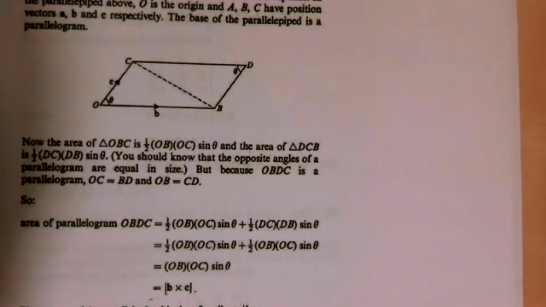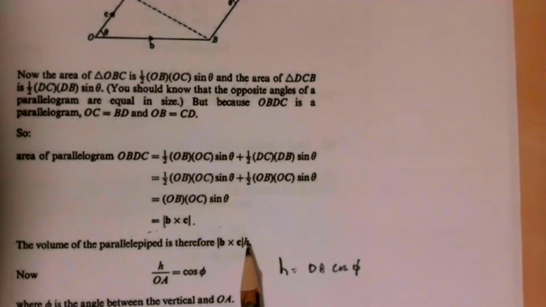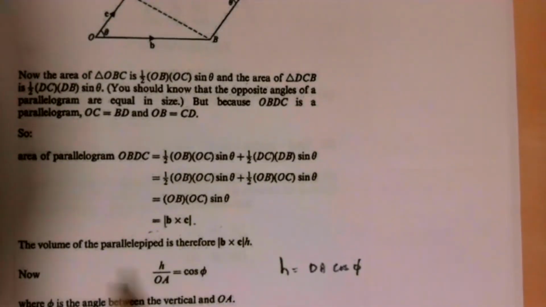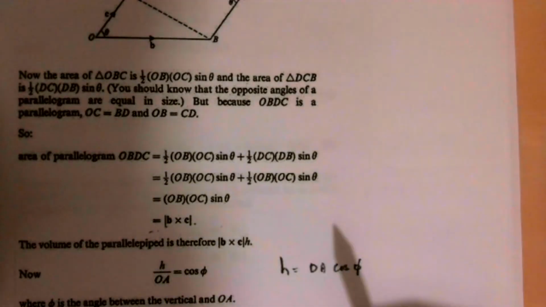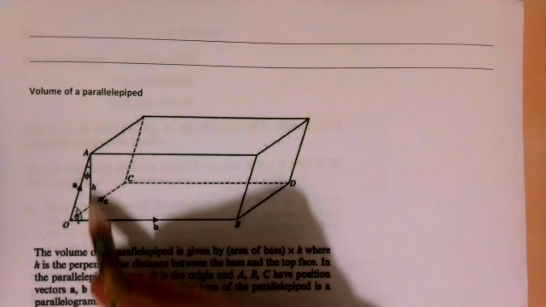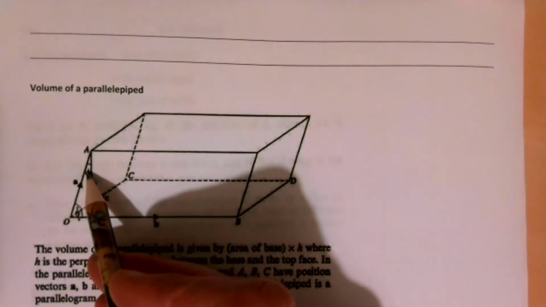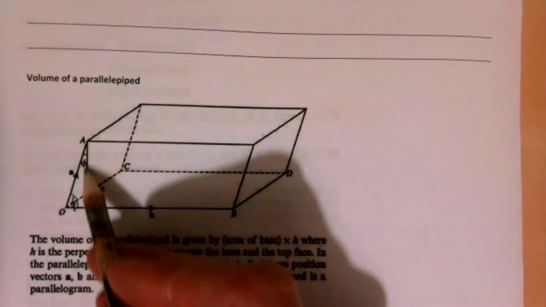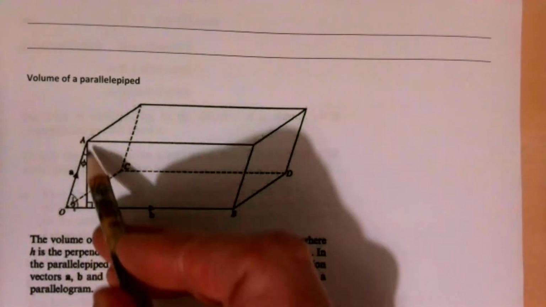So the volume of a parallelepiped is therefore b cross c times h. Now let's take a wee look at h. There's our h, and if we make a wee right-angled triangle there, where that's phi, we have an h and we have OA.